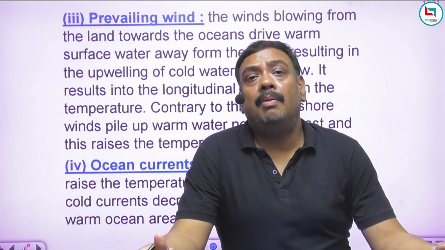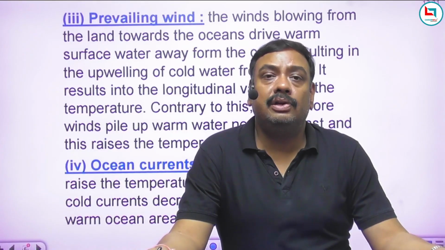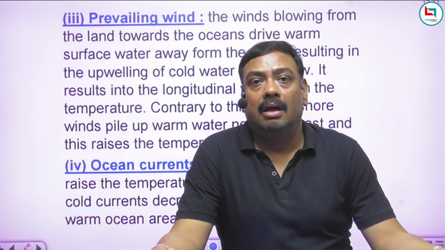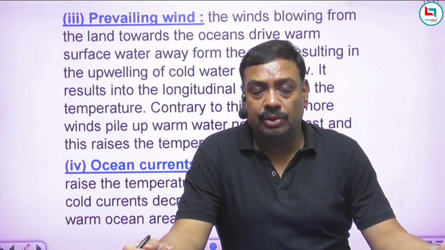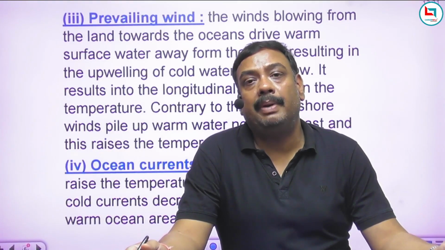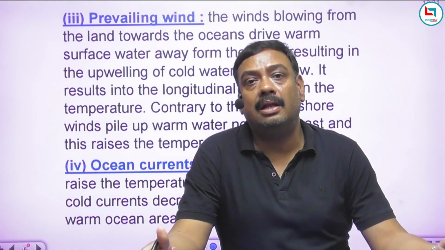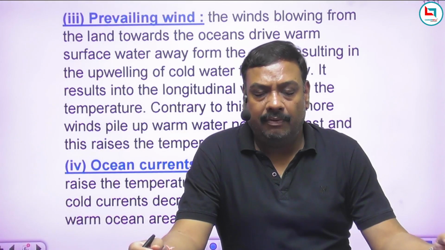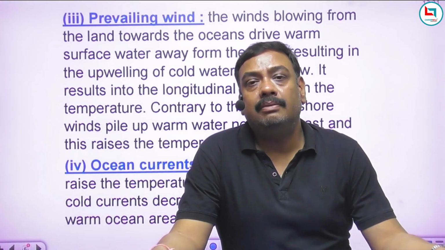But apart from discussing the direction of the ocean currents, one thing you must consider here is that whenever ocean surface water is moving in a particular direction in the form of a channel, you can say, in the form of a river on the land, right?